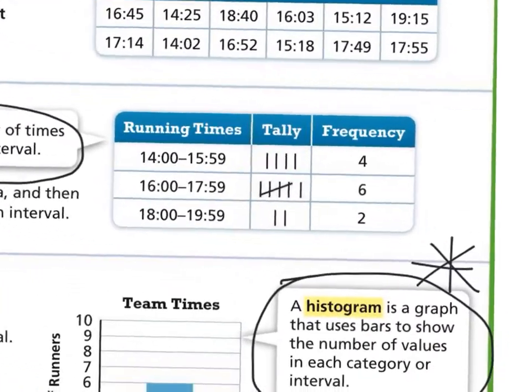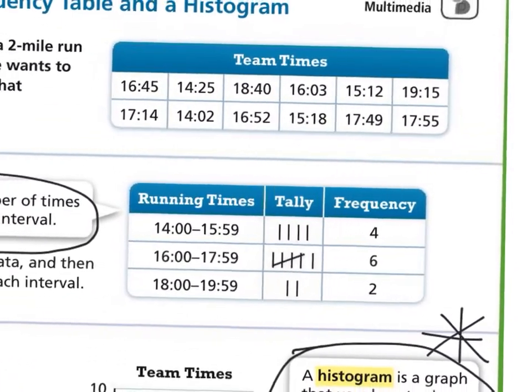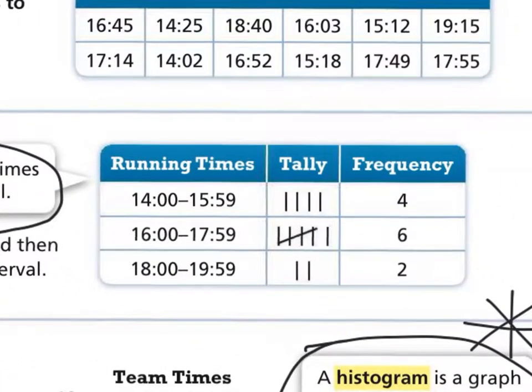They had to decide, how do we want to split up our times here? So they said, well, we're going to go by 2-minute intervals. 14 minutes to 15:59, 16 minutes to 17:59, 18 minutes to 19:59. Notice each interval, they're going by 2 minutes. The same amount of possible times for each interval.